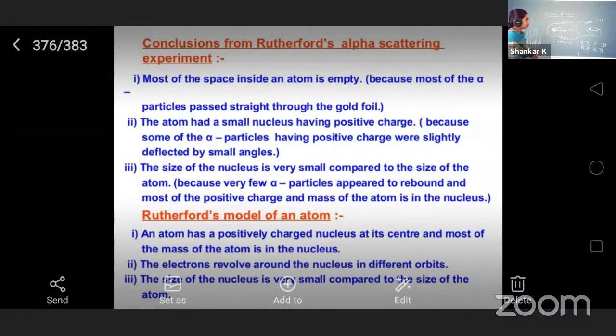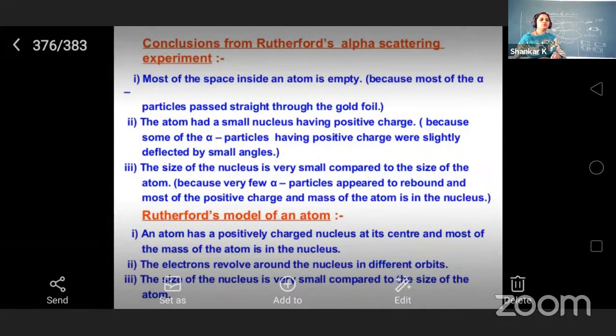So this is one orbit, this is one orbit, these are the orbits, and the electrons are present in these orbits. In the first shell we represent 2 electrons, second shell 8, third 18, fourth 36 electrons.